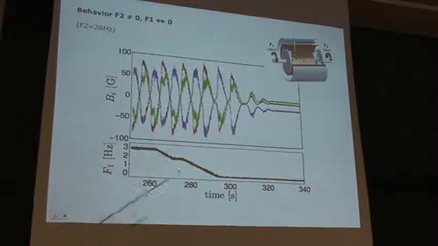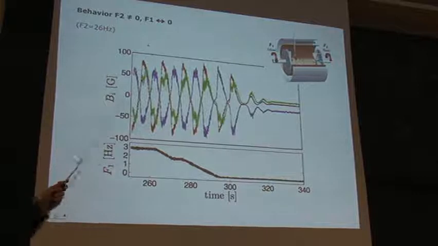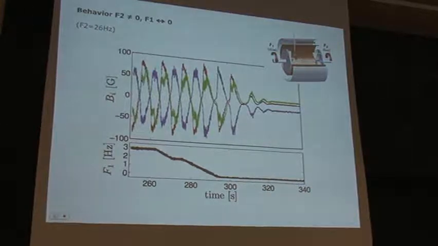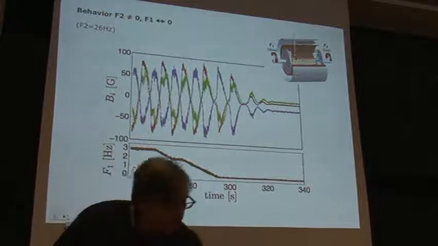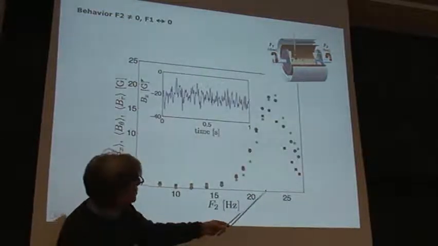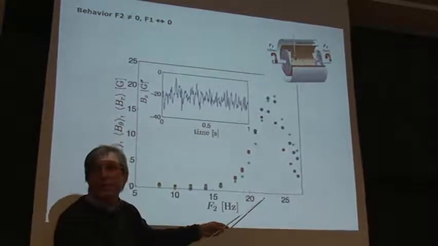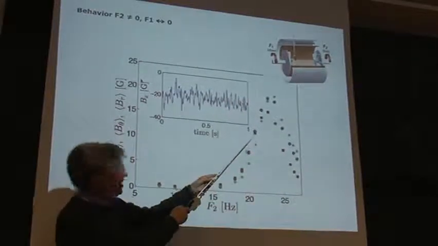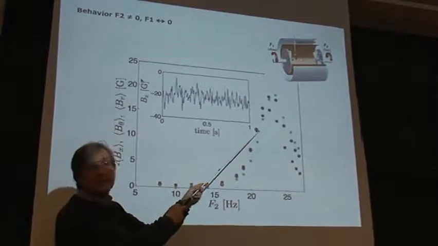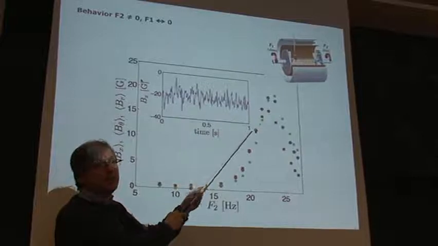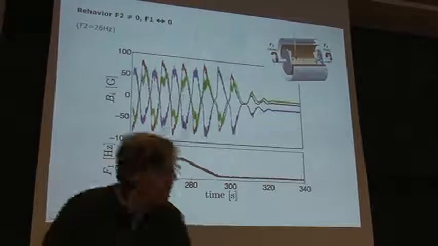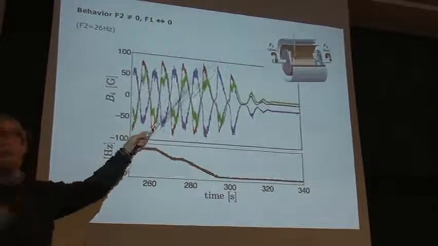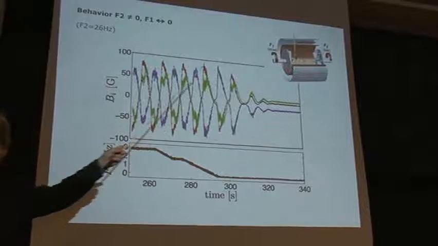Now, if you keep one disk fixed, pick any point that I had before. So pick a rotation like 22 Hertz here. You know that in the limit of F1 equal to 0, you have that stationary dynamo, but it starts from a point where you are having an oscillatory dynamo when they both rotate.